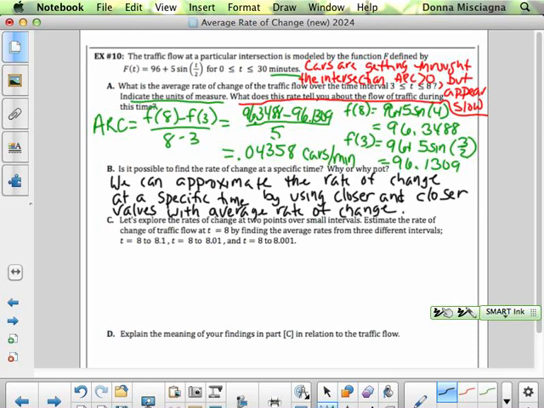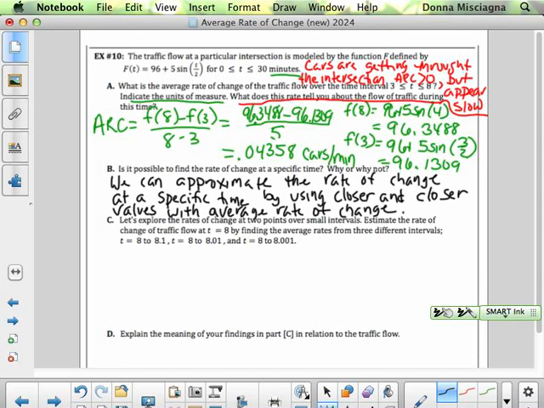So the average rate of change approximates what's called the instantaneous rate of change. Instantaneous rate of change is the rate of change at a specific moment. Let's explore the rates of change at 2 points over small intervals. Estimate the rate of change of traffic flow at t equals 8 by finding the average rate of change from 3 different intervals, from 8 to 8.1, from 8 to 8.01, and from 8 to 8.001.